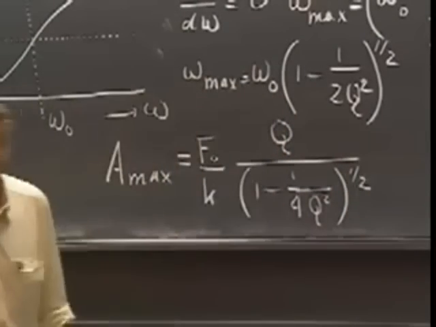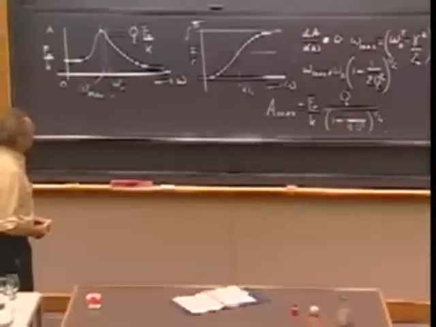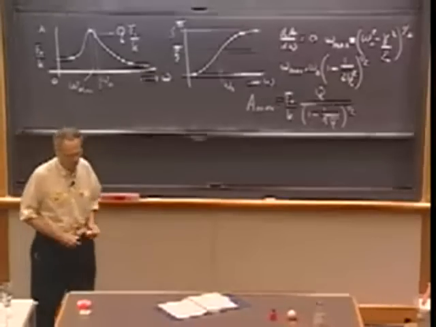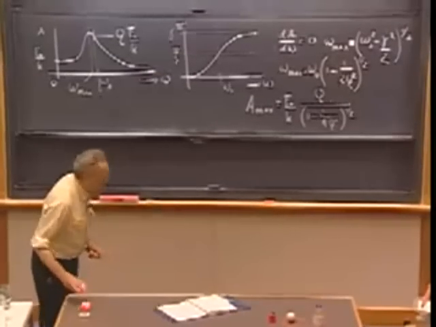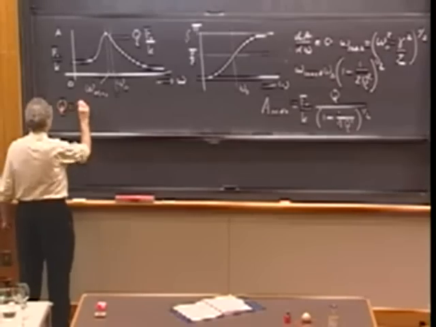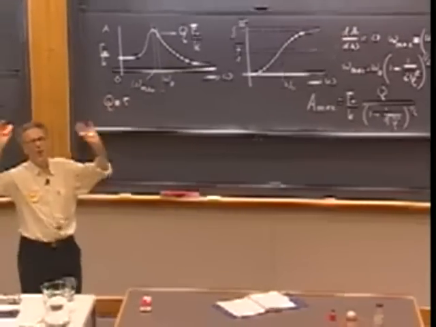And so now let's put in some numbers so that you get some feeling for the answers that we have. Suppose we have an example whereby Q equals 5. It's a modest value for Q. Most pendulums that we have, the Q's are way higher than 5.